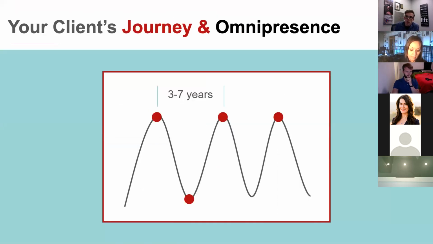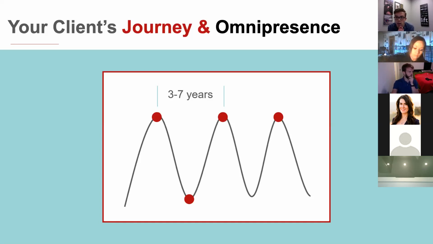So we obviously know that your clients' journey is about 3 to 7 years on average between the time they buy a home and the time they will next transact in real estate, buy or sell. The red dot at the top of that timeline is the day someone buys or sells a home. That red dot at the bottom is the next day, because that is the farthest someone will ever get away from the next time they transact in real estate, right?